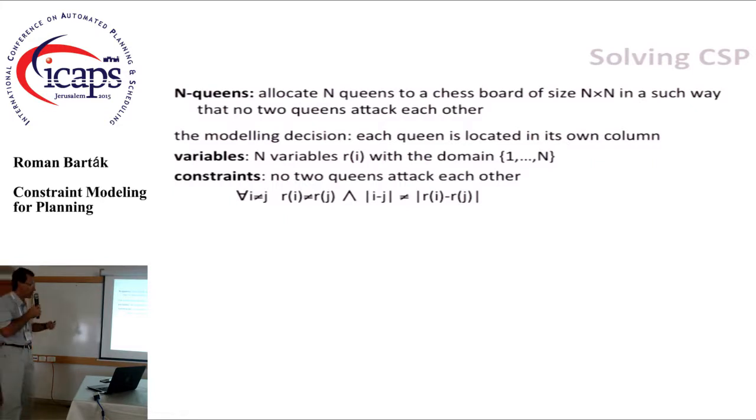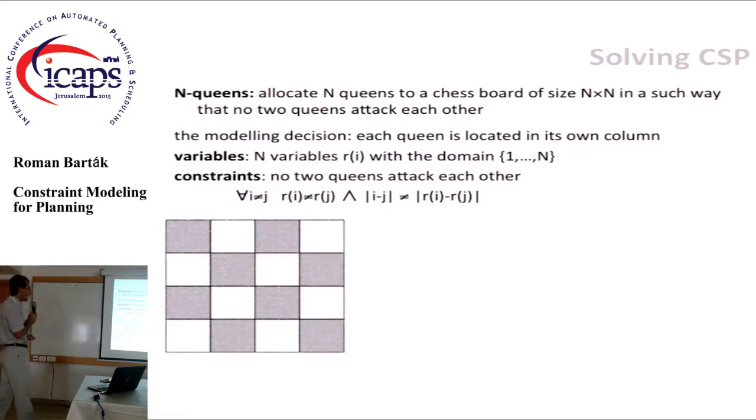Because if they are on the same diagonal, then the vertical distance between the queens is the same as the horizontal one. I mean, the distance between the columns of the queens should be different from the distance between the rows of the queens, because otherwise they are on a diagonal. And to describe both diagonals, we can use the absolute values here.